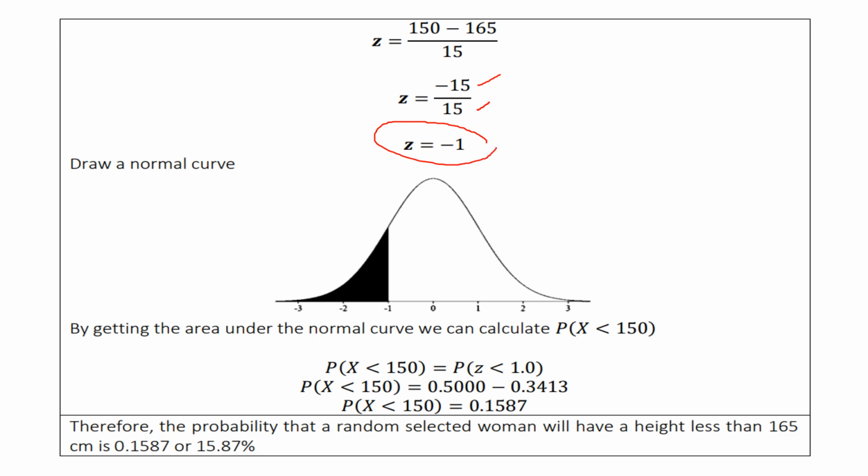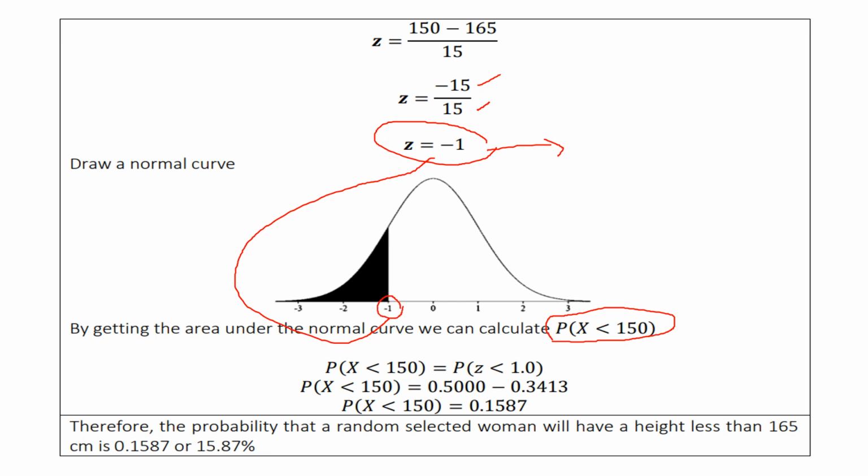So if we plot your negative 1 in your normal curve and we follow that, we're looking for the probability of x is less than 150, so we consider those Z score values less than negative 1. As you can see, if we plot this, this will be your negative 1 here.